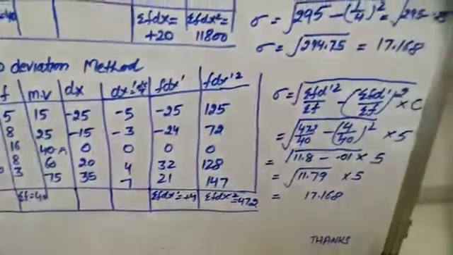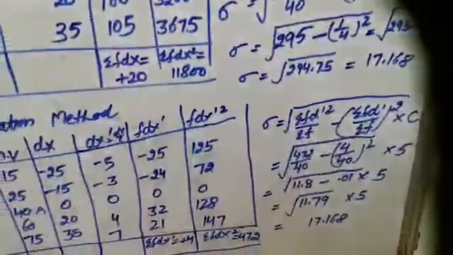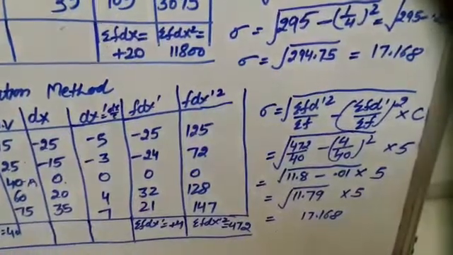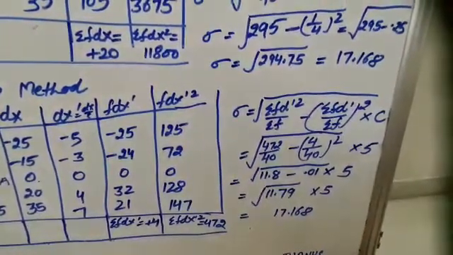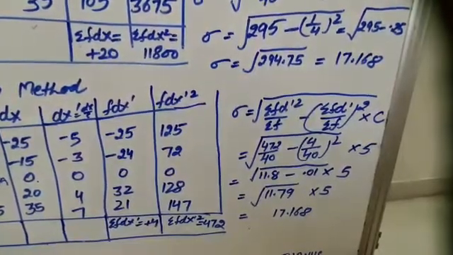Here again let us put the values in the formula. Same formula is there. We have added common factor, that is root of sigma f dx dash square upon sigma f minus sigma f dx dash upon sigma f whole square, multiplied by c.